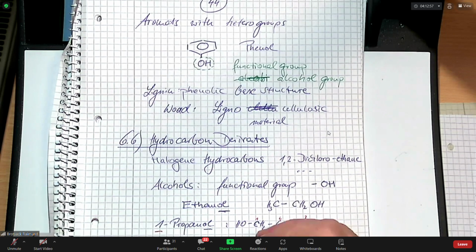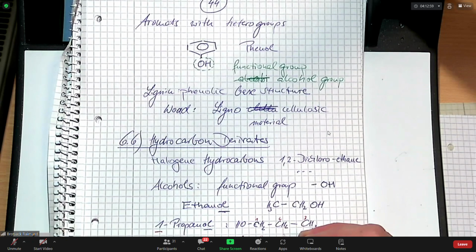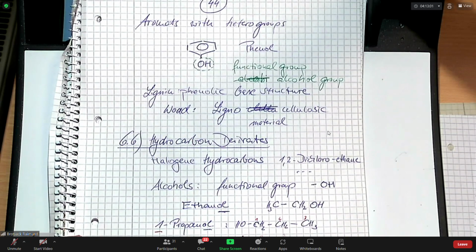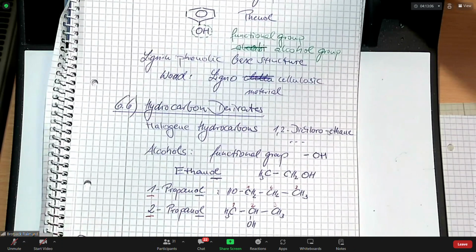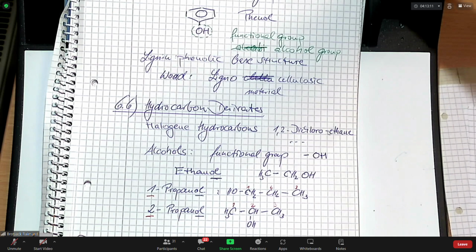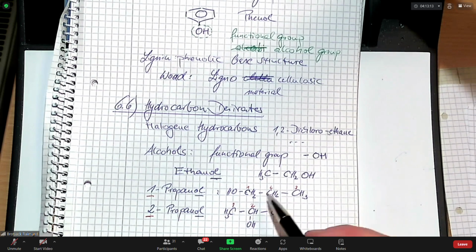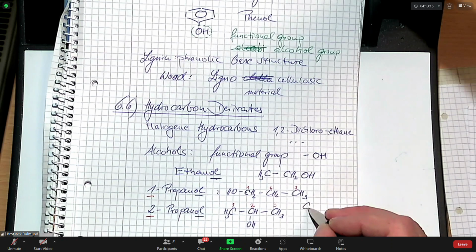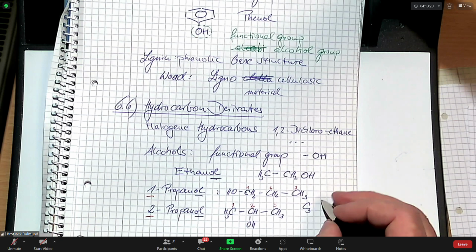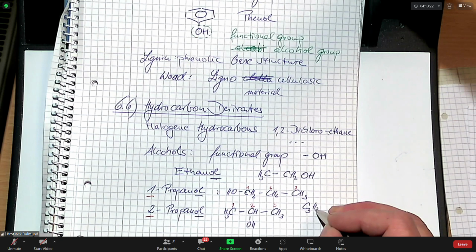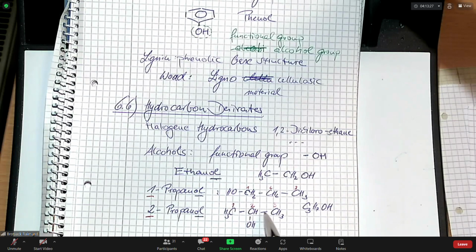And then we have 1, 2, 3. Now we have the alcohol function on the second carbon atom. In both cases, C3H7OH.